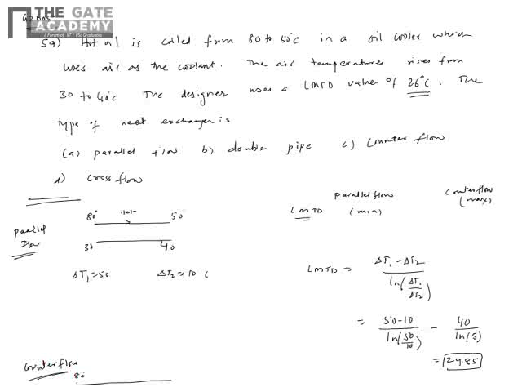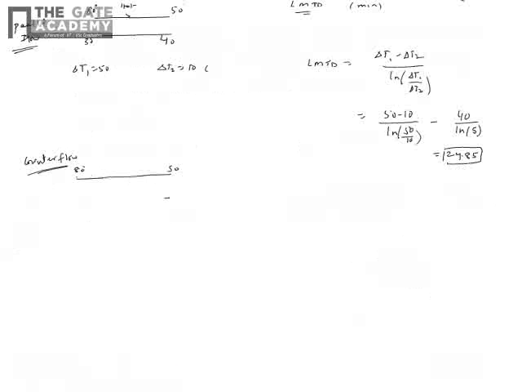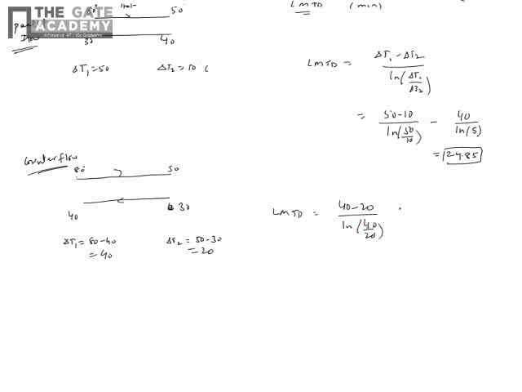It's always better to determine the extent. So this is 80, this is 50, and this enters at 30 and goes out at 40. So delta T1 is 80 minus 40, which is 40, and delta T2 is 50 minus 30, which is 20. Here the LMTD will be delta T1 minus delta T2, which is 40 minus 20 by ln 40 by 20.